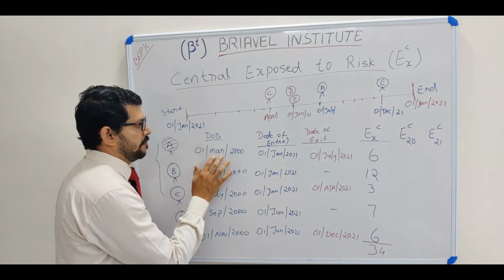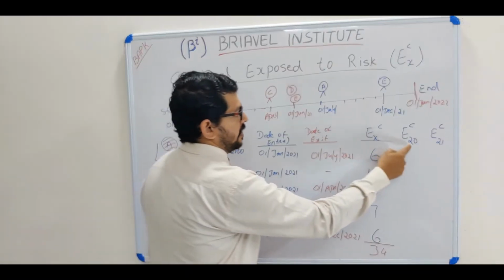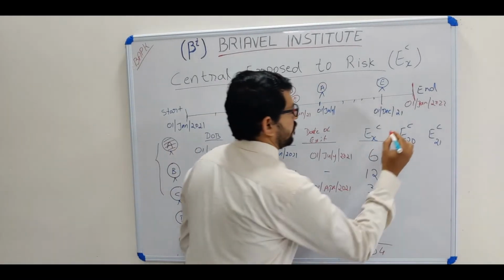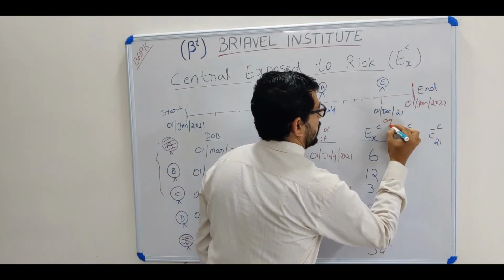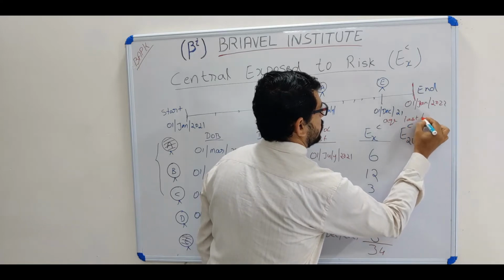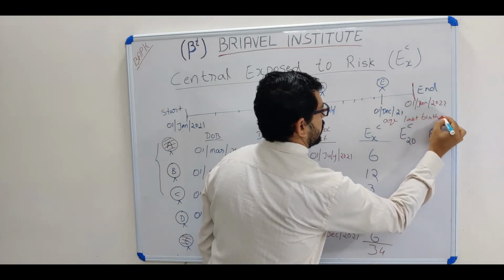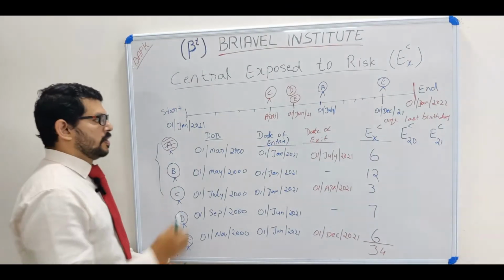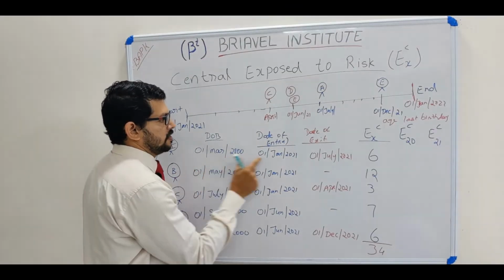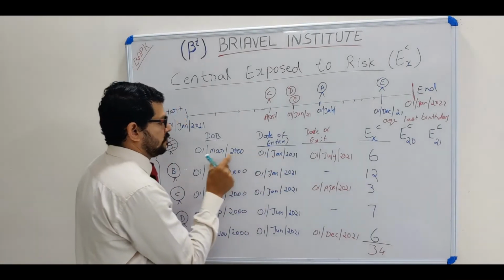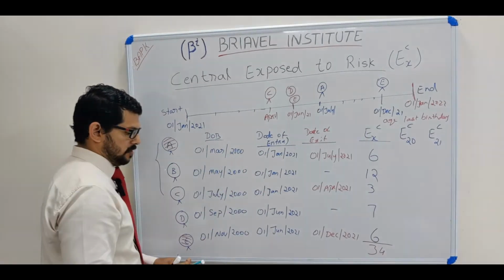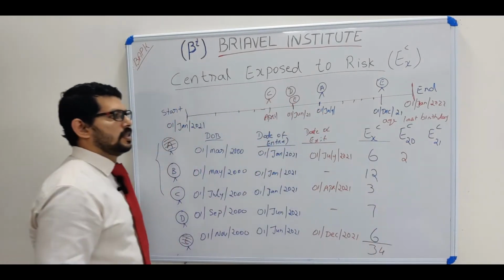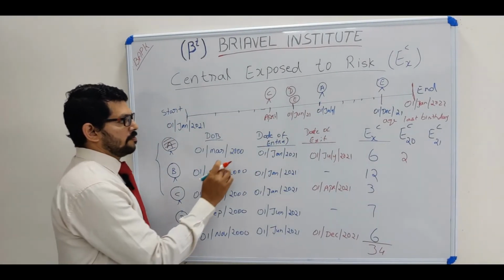At the age of 20, the age is calculated as age last birthday. So 1st March is the date of birth, and the observation began on 1st January. January to March, so 2 months are spent at age 20.